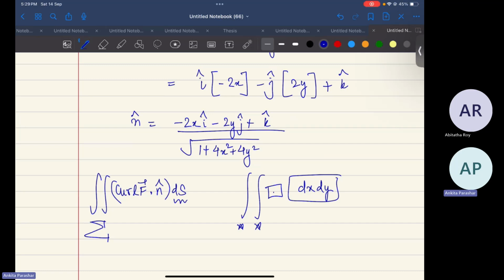But ds is the small surface area, whereas dx dy is the area. So how to relate? I think we discussed how to change ds to dx dy. One has to make some changes. It's not direct, you have to change something.